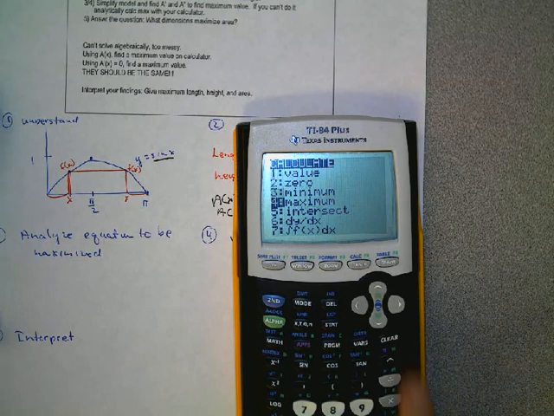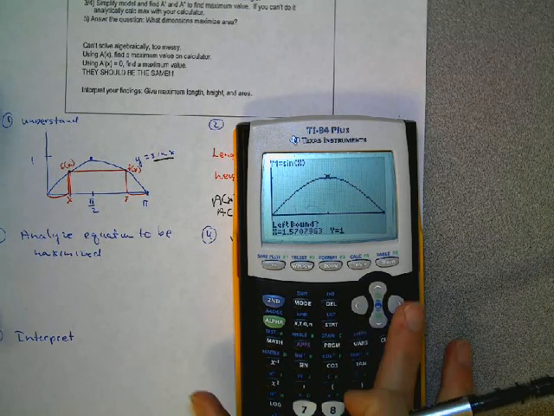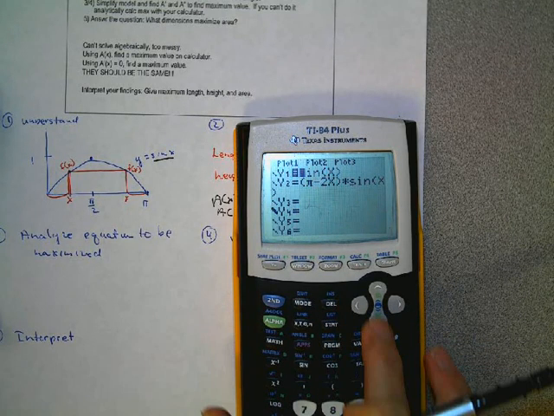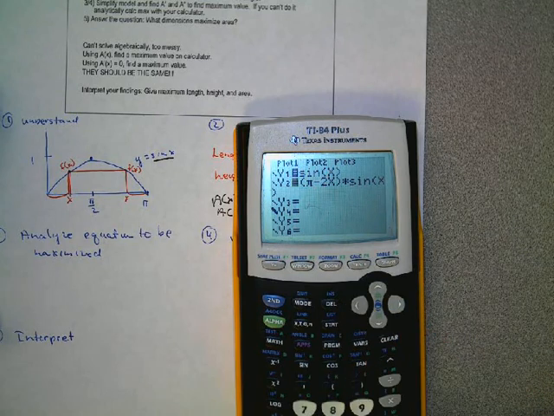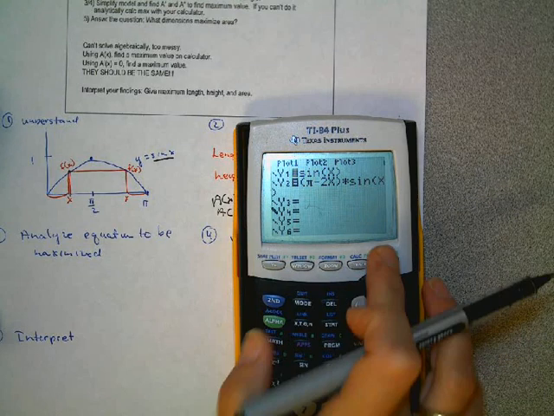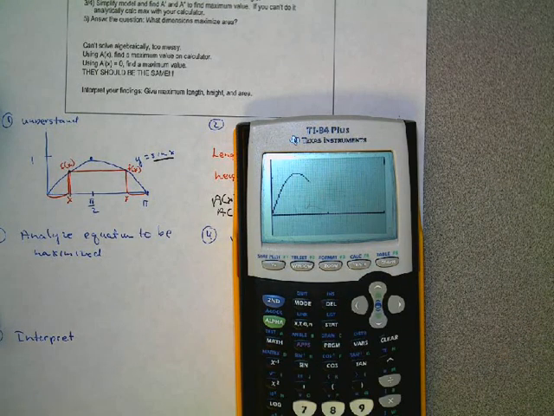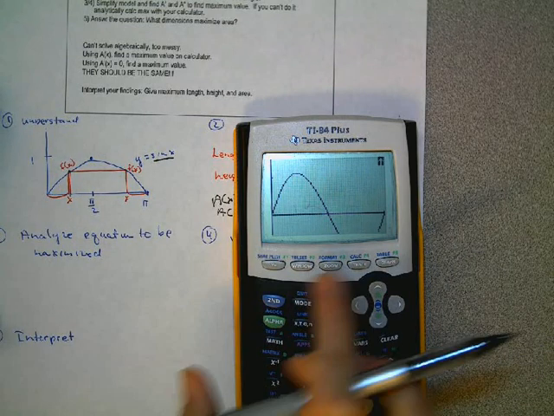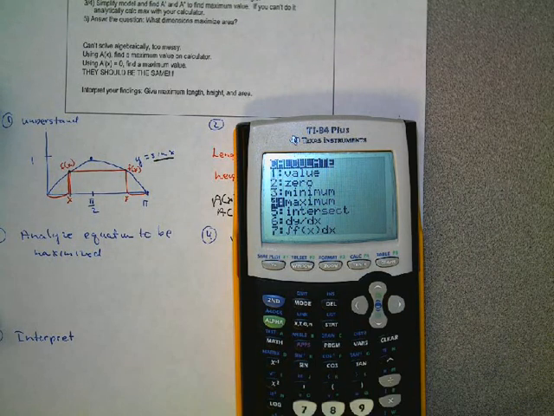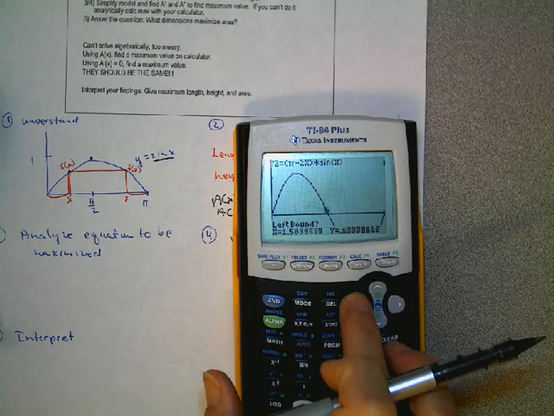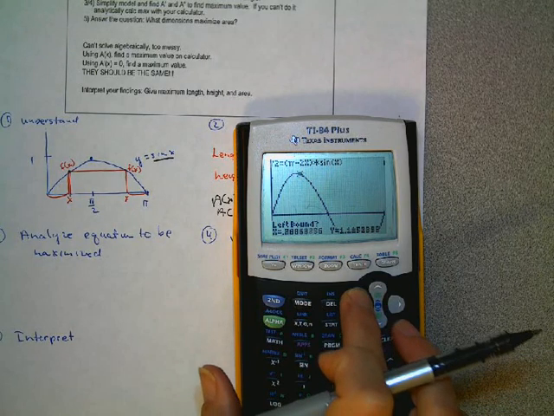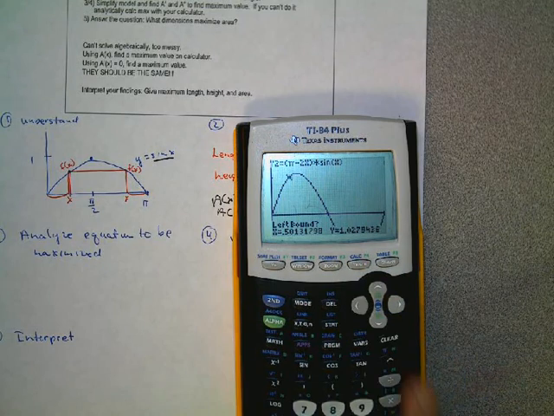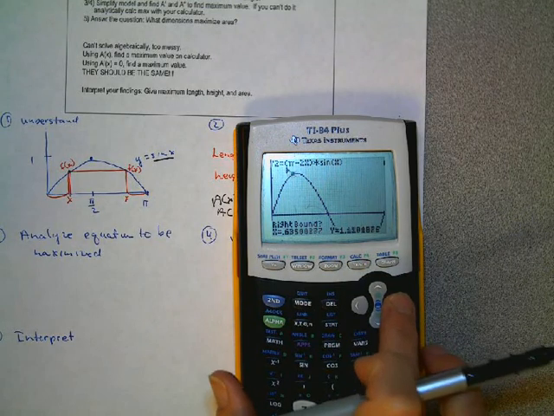We want to take the maximum of the function we just wrote. So I'm going to turn this off and look at the function we just wrote. And we need this value right here. So we'll calculate the max, and that's going to tell us the x value that would give us the largest area for our rectangle.